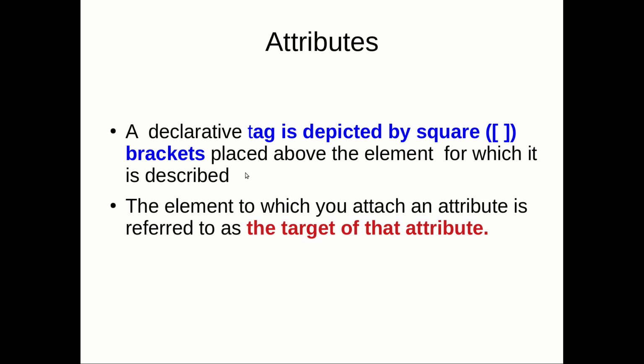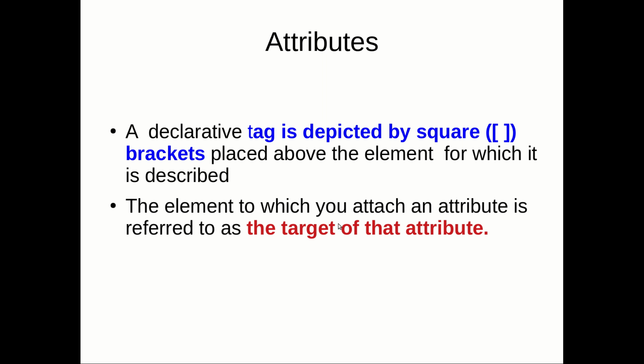Then just above the method, you are going to have this declarative tag. Which is the declarative tag? Whatever you are going to give inside the square bracket becomes the declarative tag. So just above the method, which is the element, you are going to give the square bracket and you say this is going to be an attribute with this particular information.